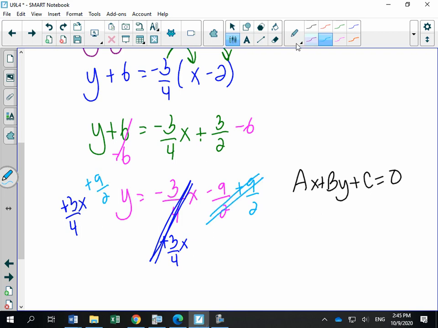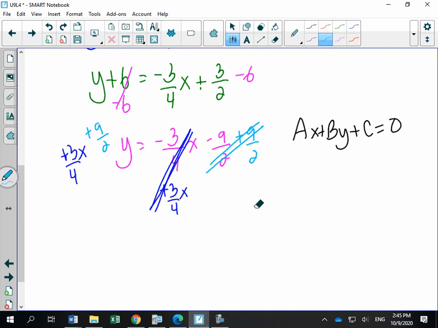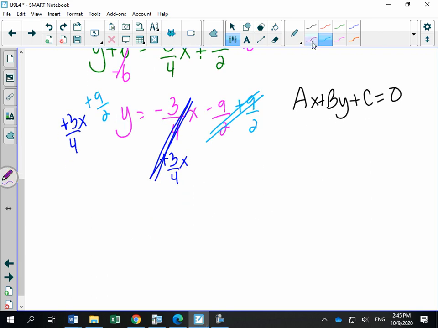What you have on the right-hand side of your equals is a 0. You now need to write your x value first, then your y value, then your constant. So this would be 3 over 4 x plus 1y plus 9 over 2.